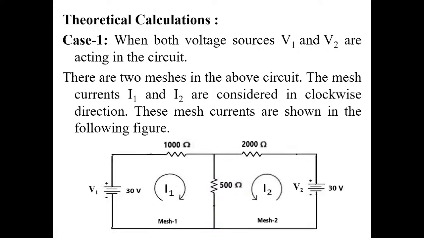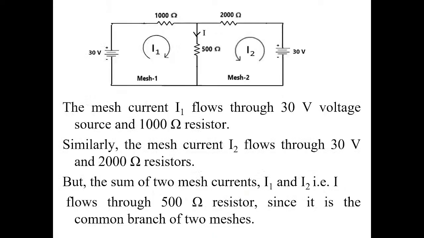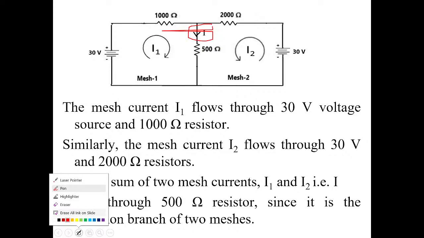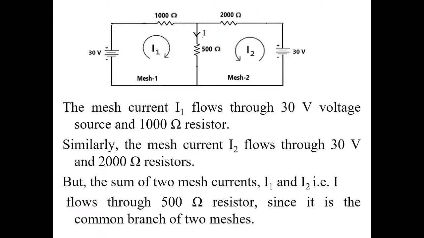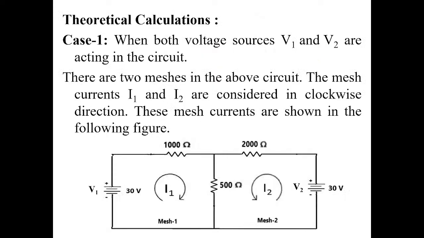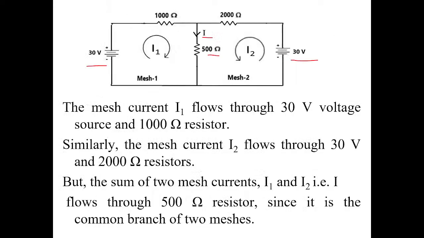So what I have done is I have assumed the current direction in 500 ohms. Let us assume I is the current flowing through 500 ohms when both sources V1 and V2 are present in the given circuit.